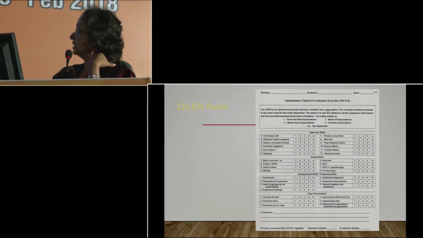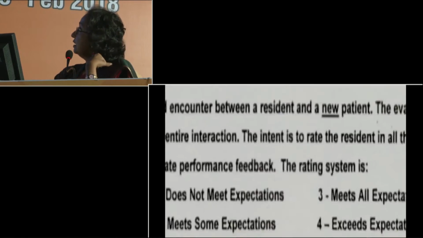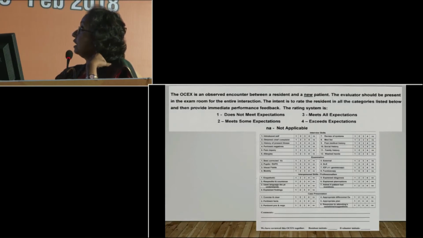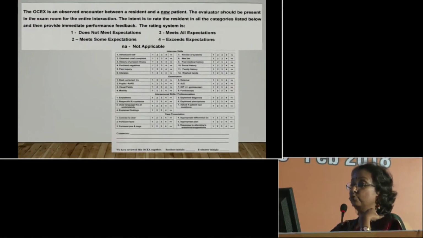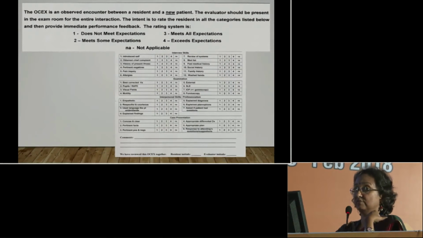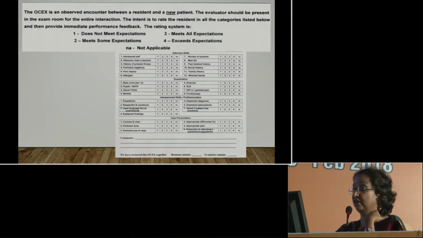If you look at it, it's basically an observed encounter between a PG and a new patient. The evaluator should be present in the exam room for the entire interaction. That is, you, the teacher, need to be present there. The intent is to rate the PG in all the categories listed below and then provide immediate performance feedback.